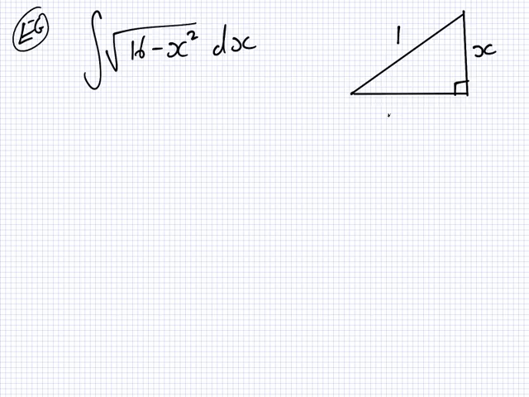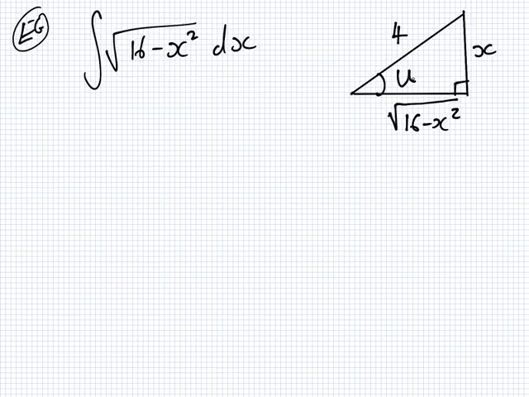So what's this side? Root 1 minus x squared. So actually, I'm going to call this side 4, and this will be root 16 minus x squared, and I'll call the angle here u.